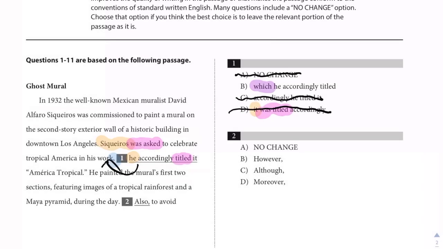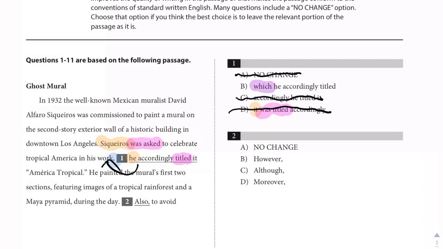So let's recap. We first identified the subject and verb in the sentence that contained question 1. But we found that with option A, what was already given in the underline, there was already another subject and verb, but it didn't match the punctuation that was given, the comma. So we went through the options, eliminating all options that contained two separate sentences, since they're not allowed to be joined by a comma.